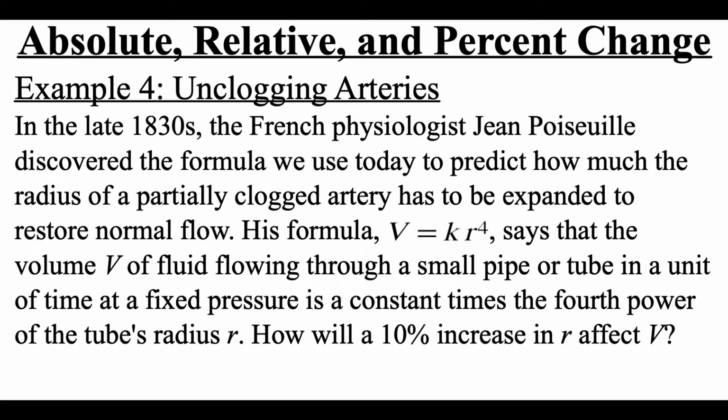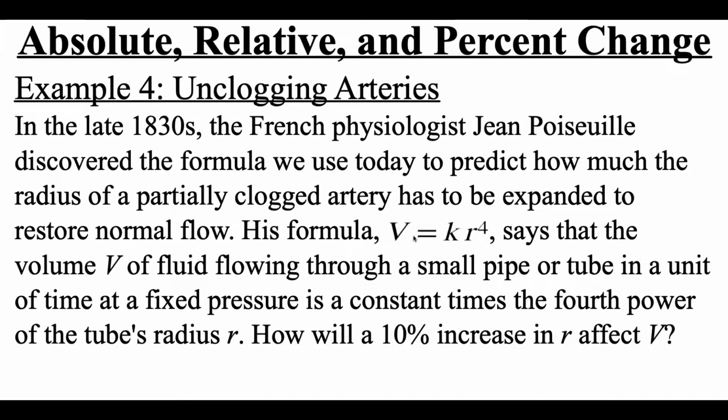So one more example we're going to take a look at here. In the late 1830s, the French physiologist Jean Poiseuille discovered the formula that we use today to predict how much the radius of a partially clogged artery has to be expanded in order to restore normal flow.